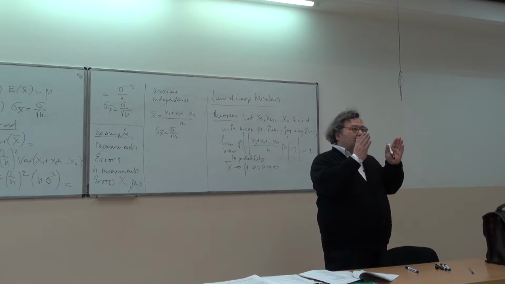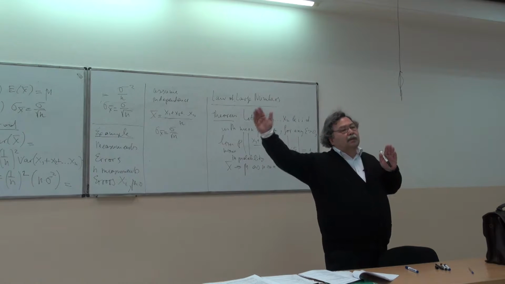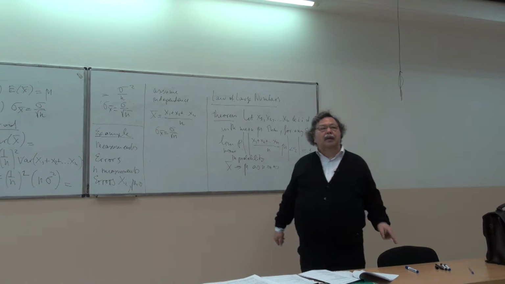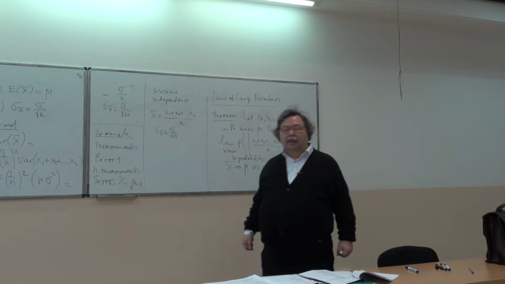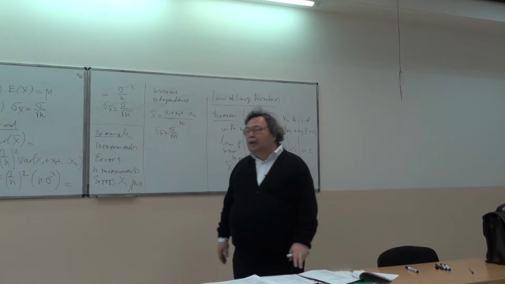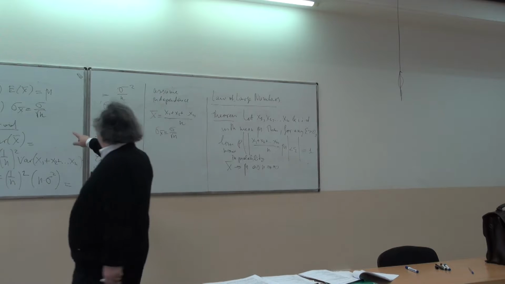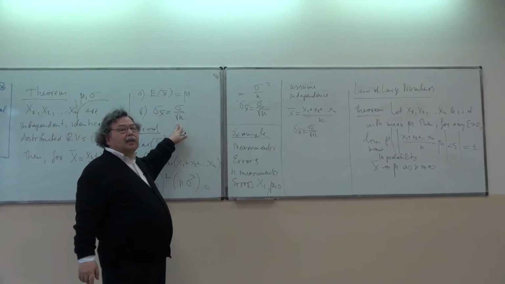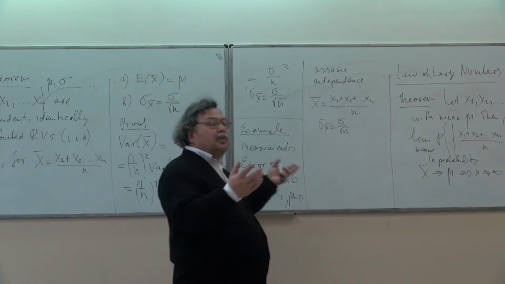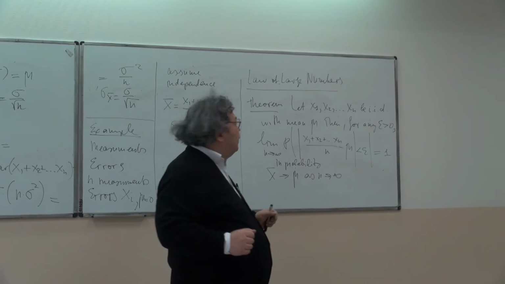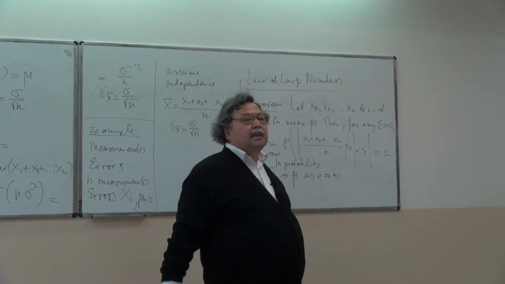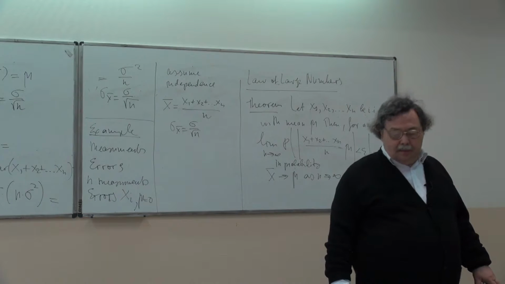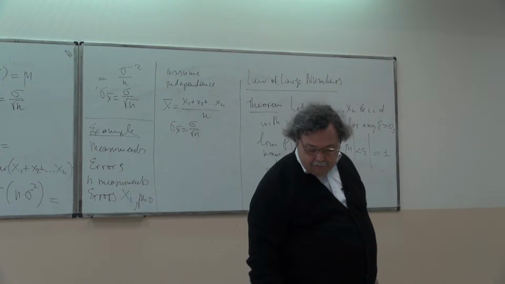So x cannot get very far from mu if the distance is measured in terms of sigma. This is one thing that is used in this proof. And the other thing is just this: sigma x bar goes to 0 as n approaches infinity, okay? So putting together these two pieces, we get this law of large numbers, okay? If you're interested, please look it up in some textbook. And we have to move on.